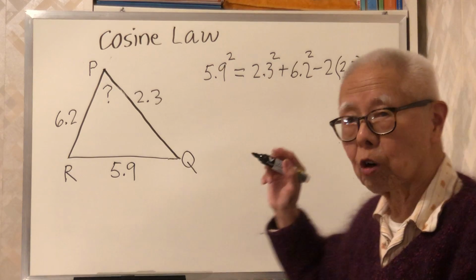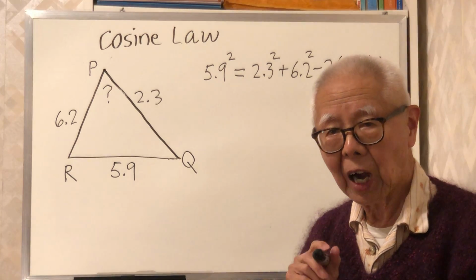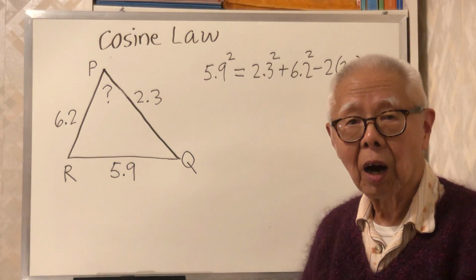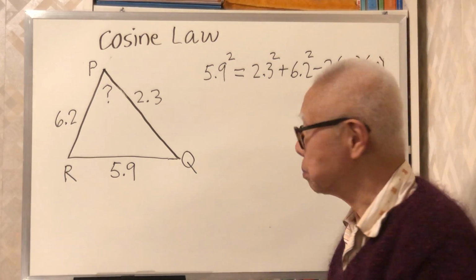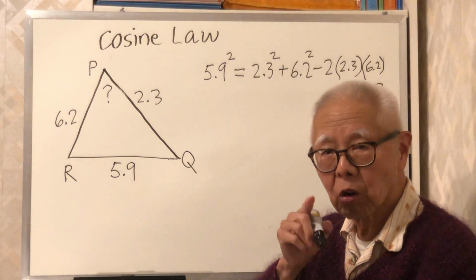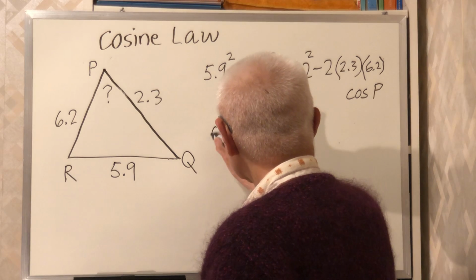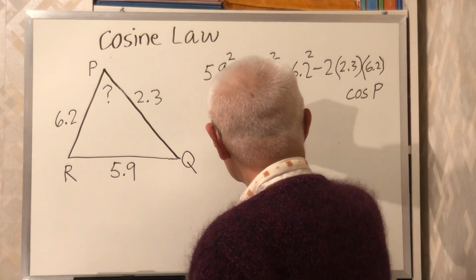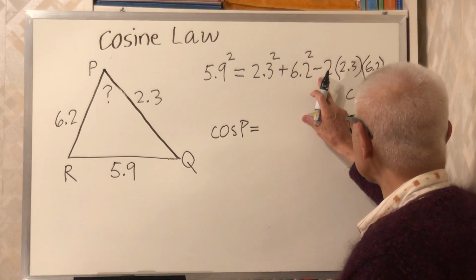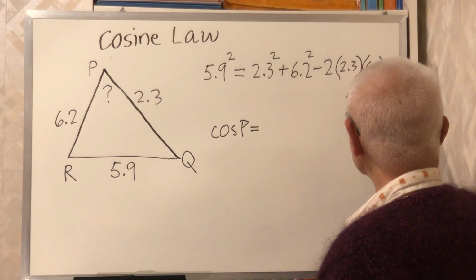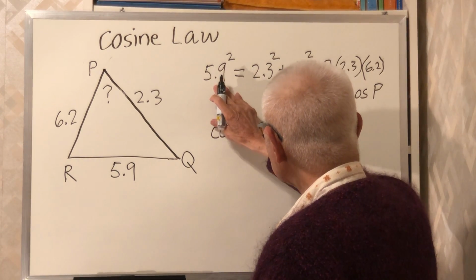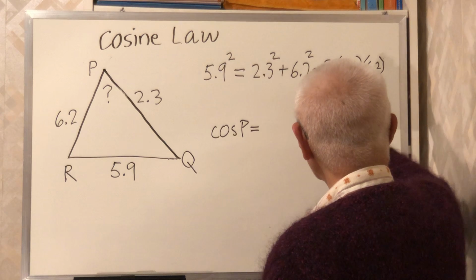So you want to find cosine P. Let's isolate cosine P, or I can say let's find cosine P, or let's solve for cosine P. Because this is minus, I move this term to the left-hand side and move 5.9 squared to the right-hand side.